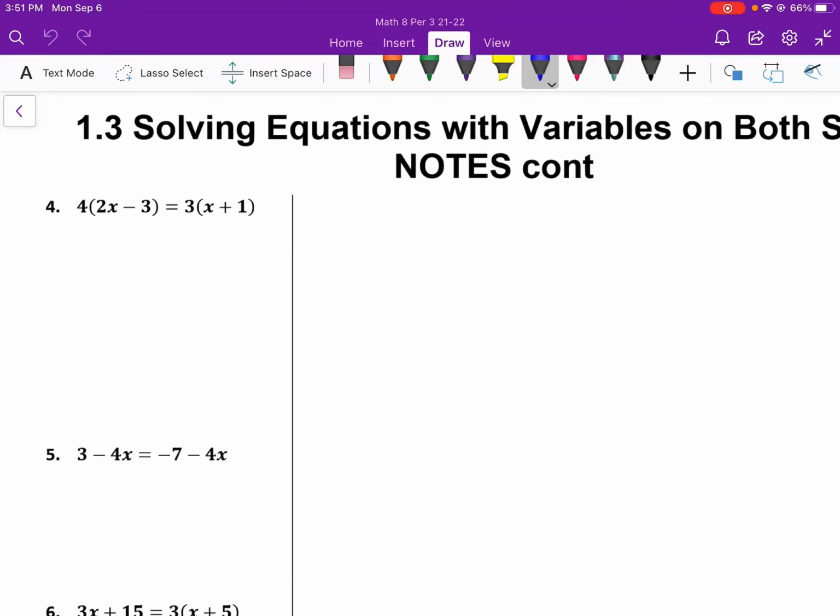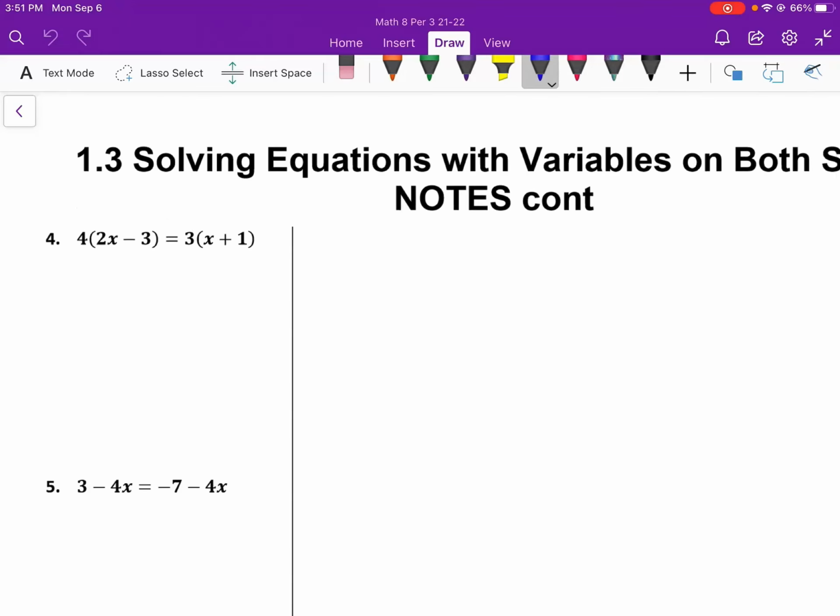Here we go. Number 1. Why did I do this one? Well, you have distribution on both sides too. Okay, so SIPSy again. So simplify. I've got 4 times whatever's inside parentheses stays inside. And then bring down the sign.